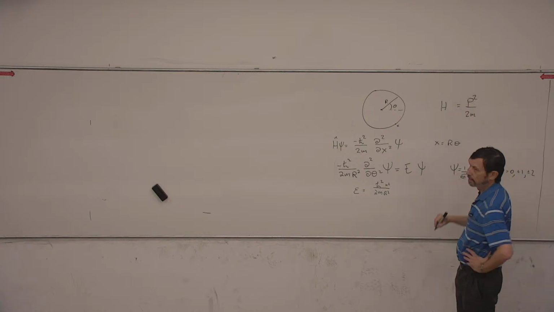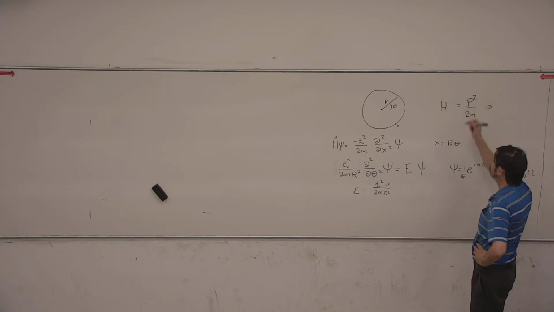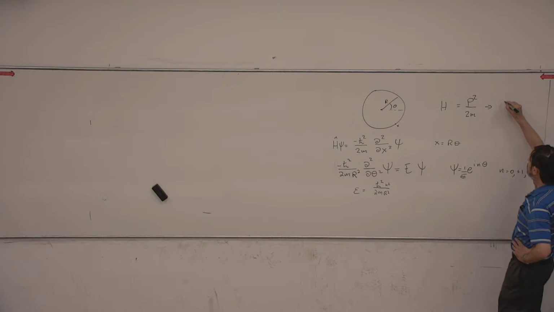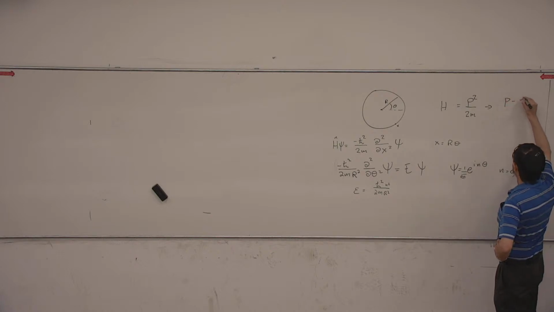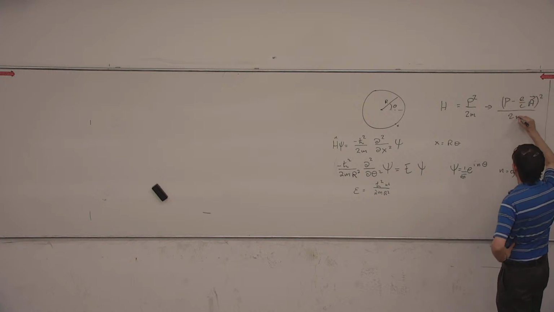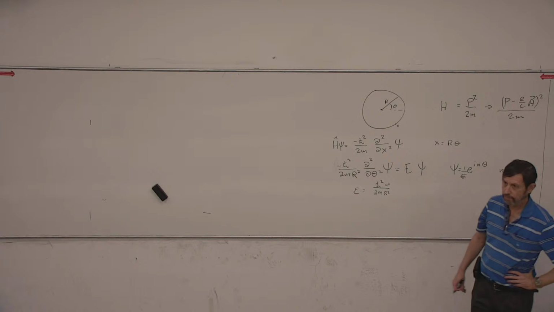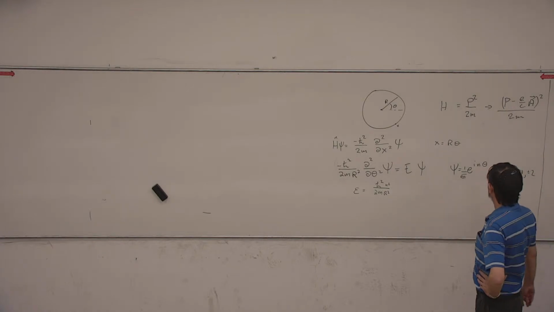I need to change the momentum and write, instead of p squared, (p minus eA over c) squared over 2m. Okay.